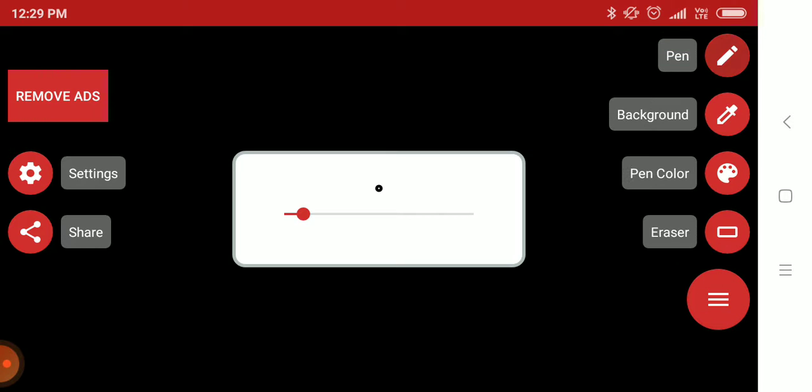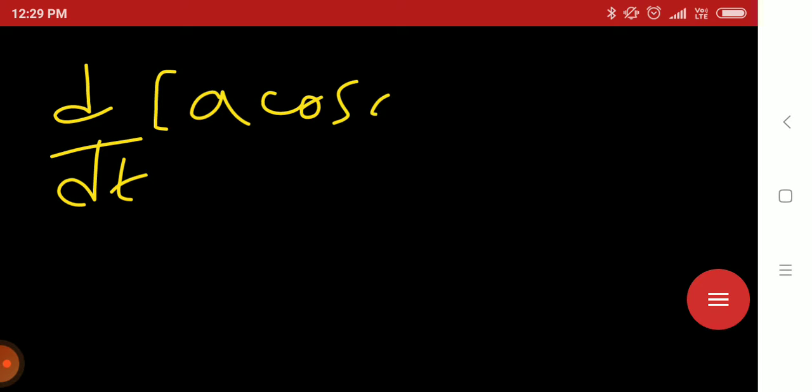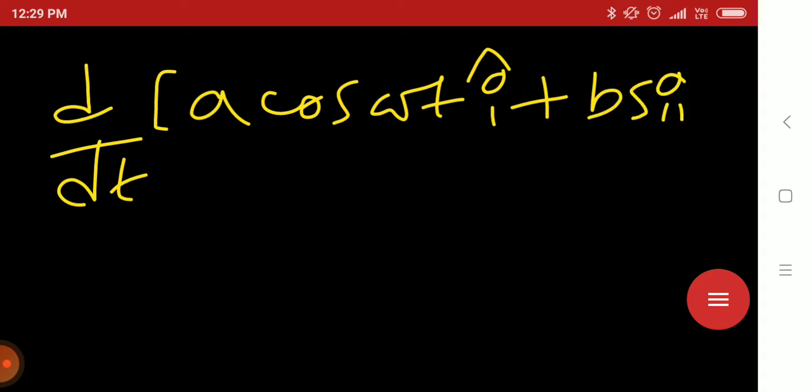First I'll do the single derivative: d by dt of r equals d by dt of a cos omega t i cap plus b sine omega t j cap.